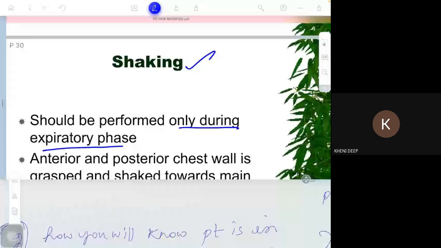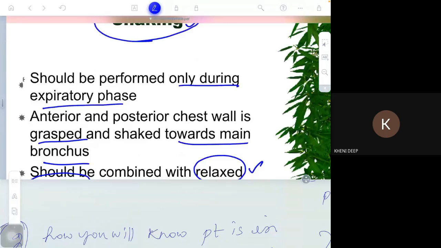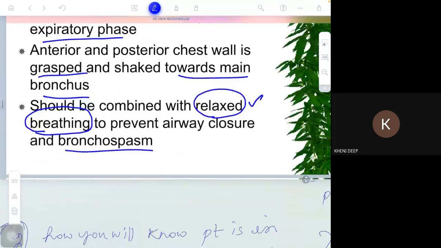The bronchus may develop spasm and the patient may have breathlessness during shaking. So after one or two shakings, ask the patient to breathe relaxed, that is diaphragmatic breathing. This will prevent aggravation of bronchospasm. So this is about the shaking.